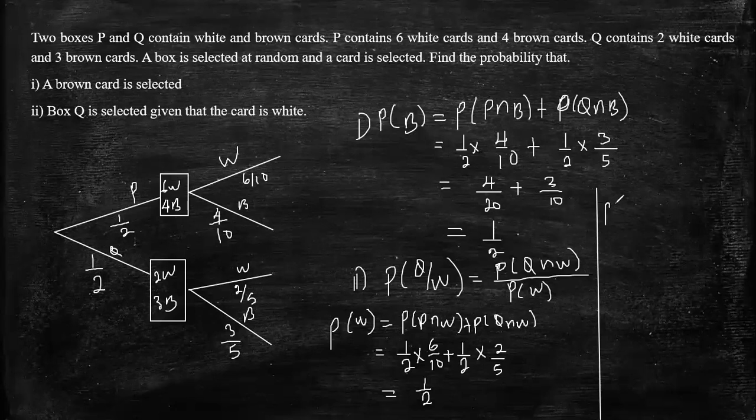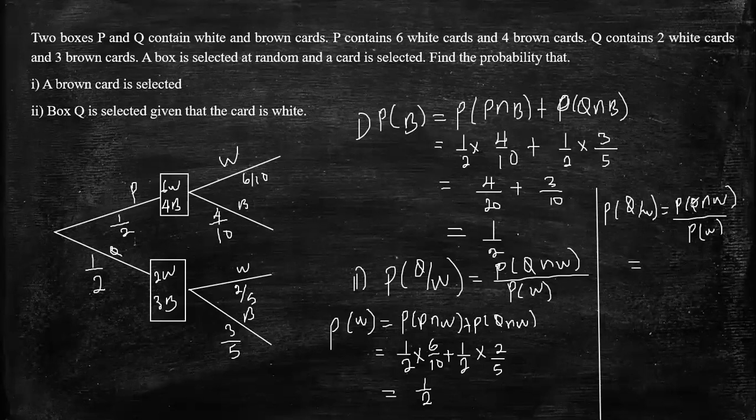Say our probability of Q given W, which is the probability of Q intersection W divided by the probability of the white, which we have just got.